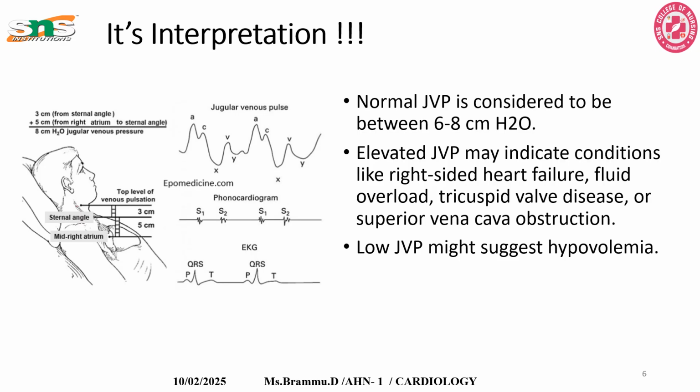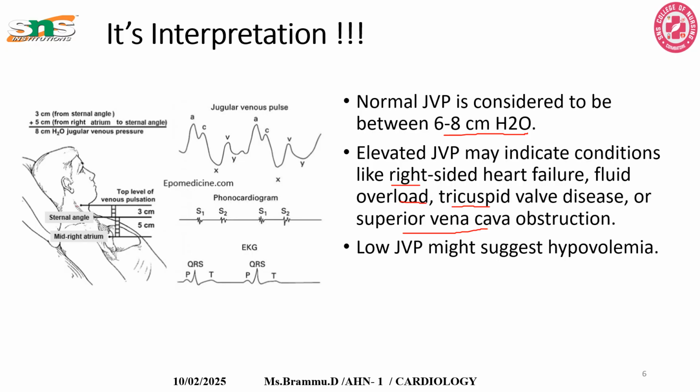So how do we interpret this? It is very simple: the normal jugular venous pressure is considered to be between 6 to 8 centimeters of water. In case of elevation, such as right heart failure, fluid volume overload which is hypervolemia, any tricuspid valve diseases, or SVC obstruction, there will be elevated JVP.